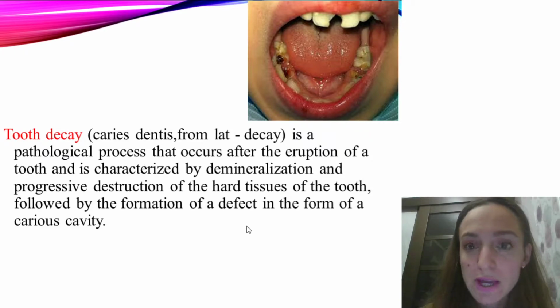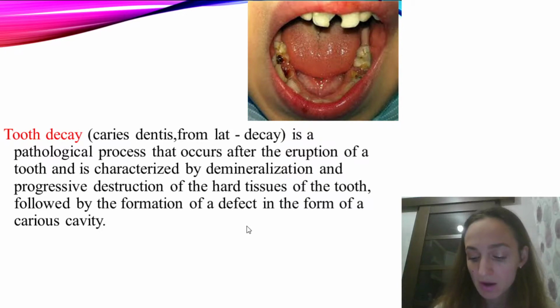According to the World Health Organization recommendations, there are three basic indicators for assessment of the affection with dental caries: prevalence, intensity, and growth of its intensity.